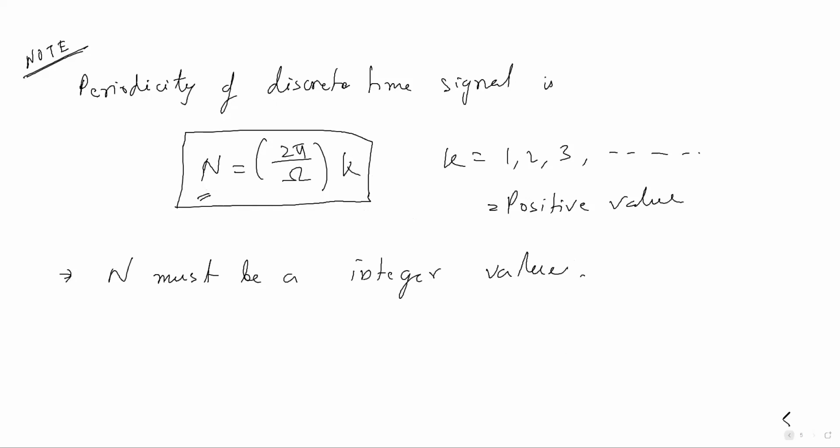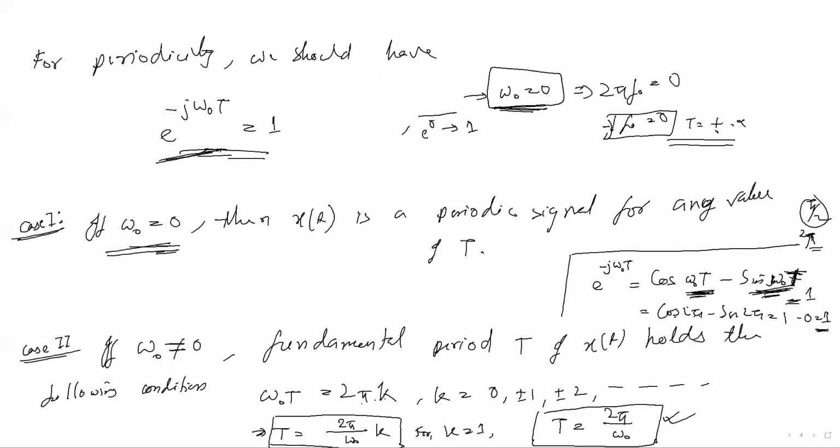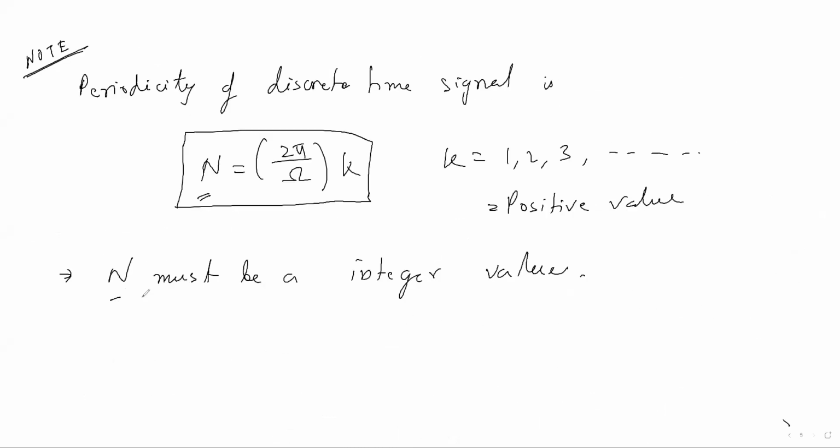But in the continuous time signal, we have taken k equal to 1, and we can find any value for T. There is no condition to be satisfied by this equation, that the time period should be rational or irrational or integer value. It may be a rational number, may be an integer. There is no condition for a continuous time signal, but for a discrete time signal, one condition is that the time period should be an integer value. These things you should remember.